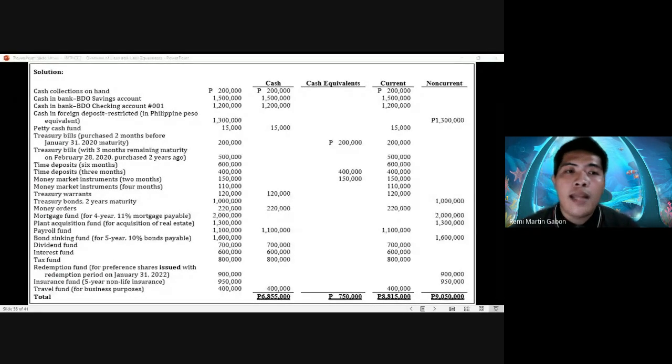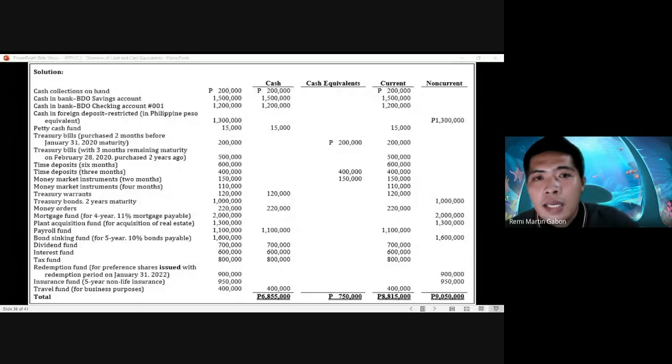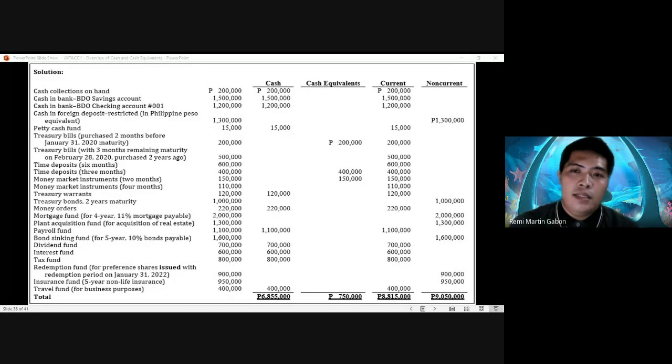If you wish, you can recompute, to check if tama yung computations ko. Nagets ako doon? Sa technique, sabay-sabay, walang iwanan. Okay. Kayo lang if you want to apply it.